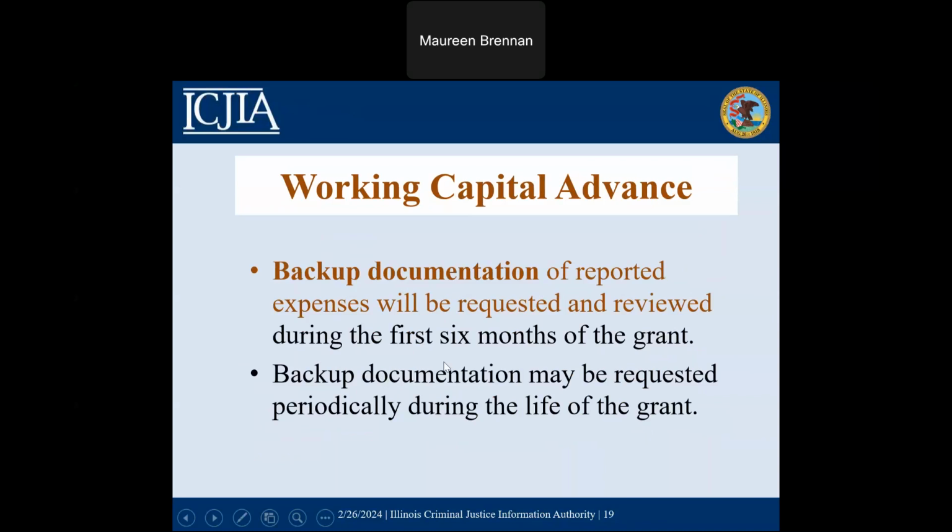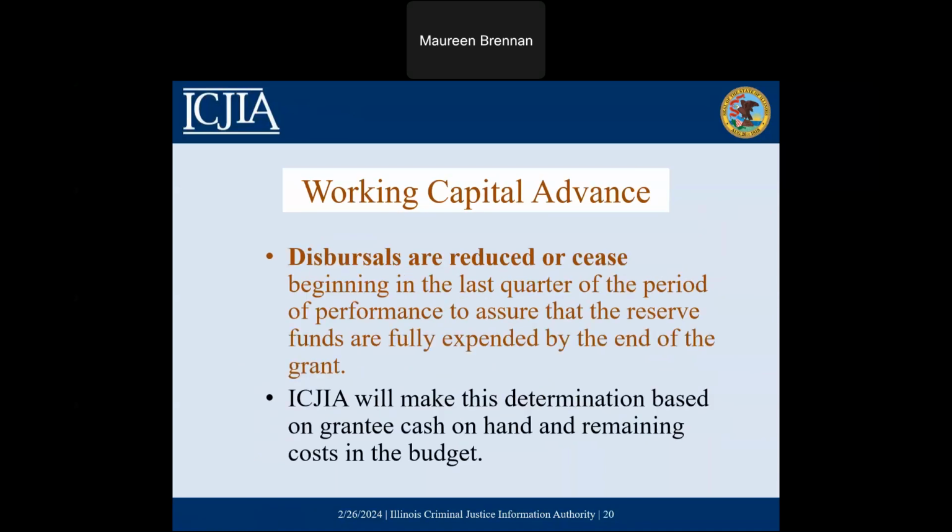So as we work through the period of performance, your dispersals under the working capital advance plan will be reduced or cease during the last quarter of the period of performance, because we want to be spending down that little nest egg that we've given you of 2 months' worth of operating expenses.